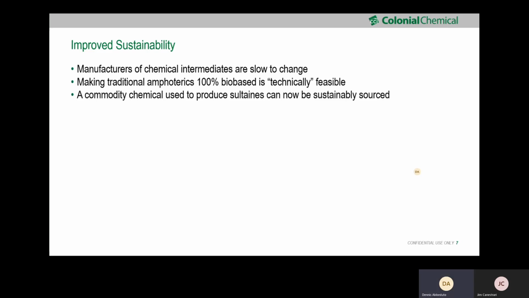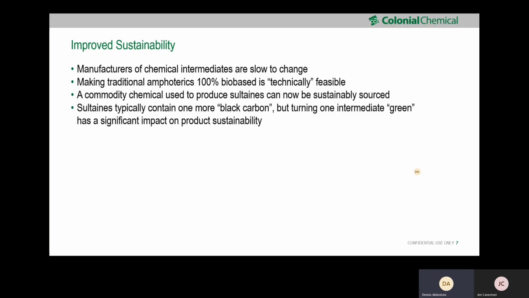Well, what has happened recently is that a commodity chemical used to produce sultaines has gone from its traditional petrochemical source to being available now as something from a sustainable source. Sustainable source of that material is glycerin that's produced as that first byproduct in the hydrolysis of triglyceride oils to produce fatty acids and fatty acid methyl esters, fatty alcohols, and fatty amines.